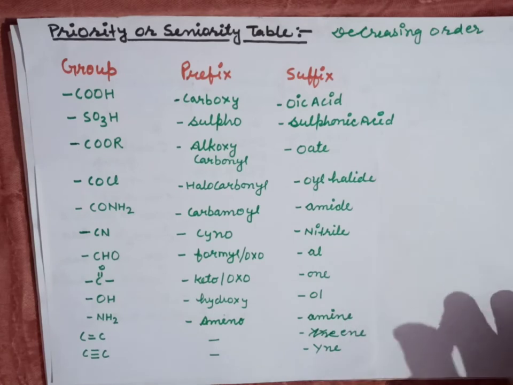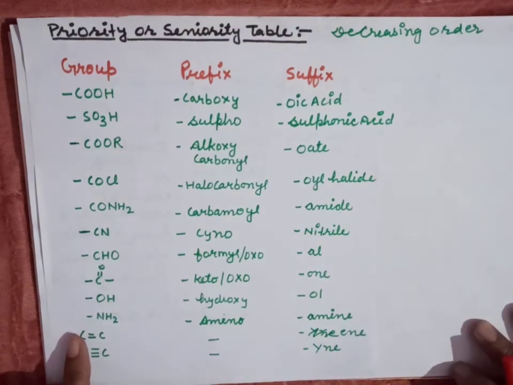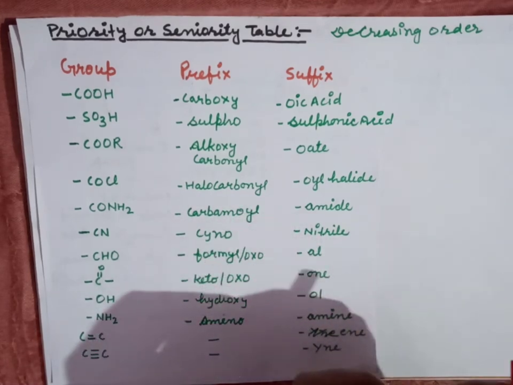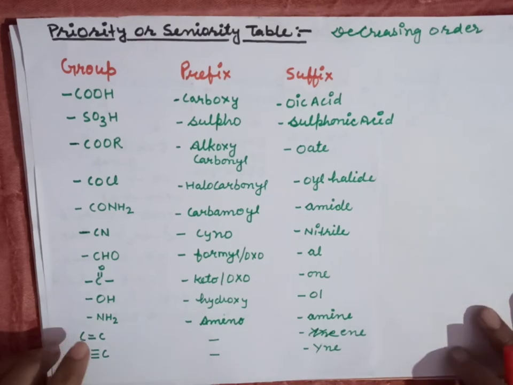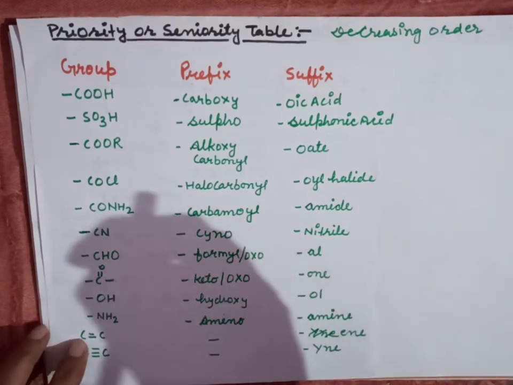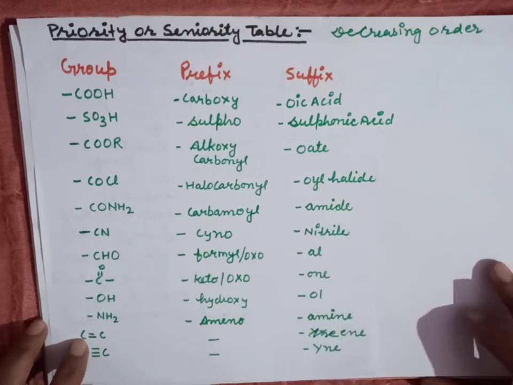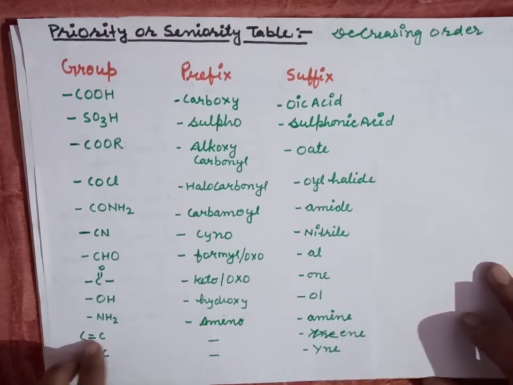We have to give priority to the double bond. Means when double bond and triple bond are present at the same distance, we give priority to the double bond. Otherwise, when we write, we use alphabetic order only. So numbering you have to start from the side where the double bond is closer.